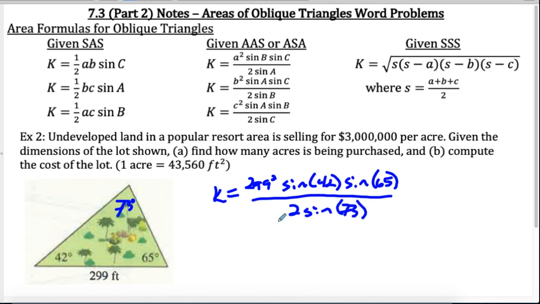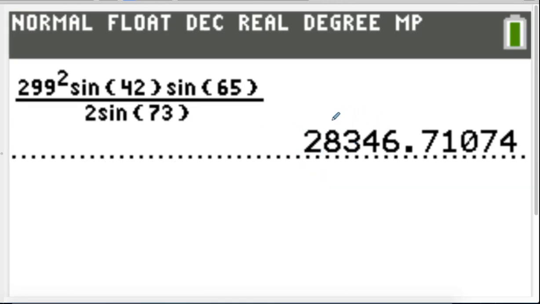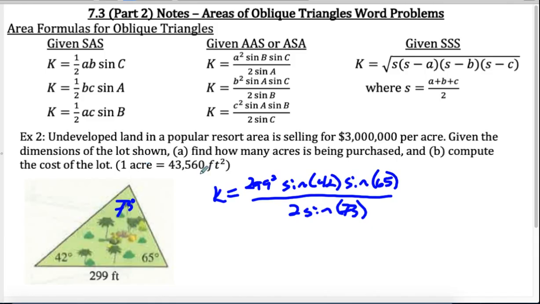And I can plug all of that into the calculator. And when I do that, I think we get 28,346.71.